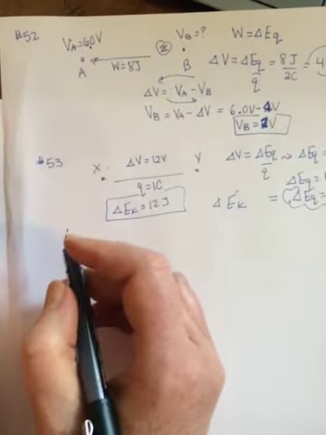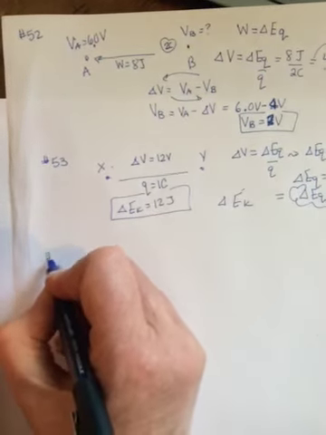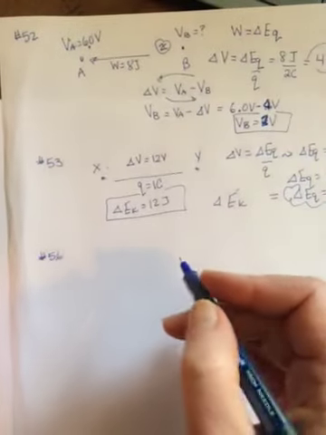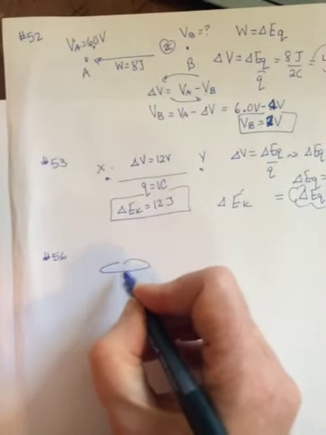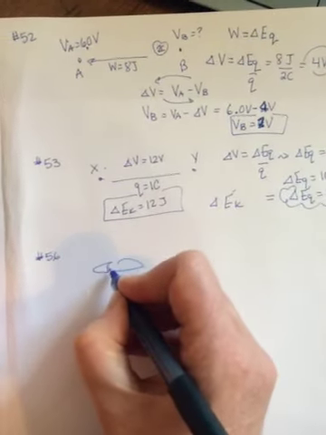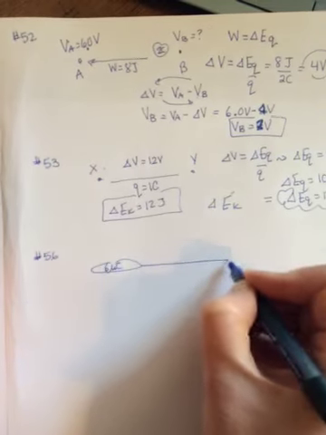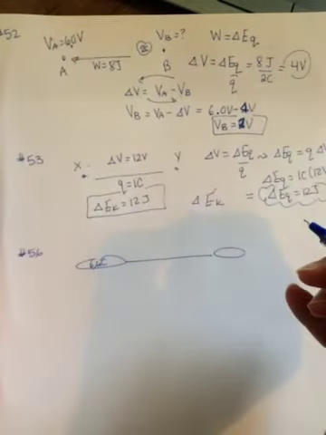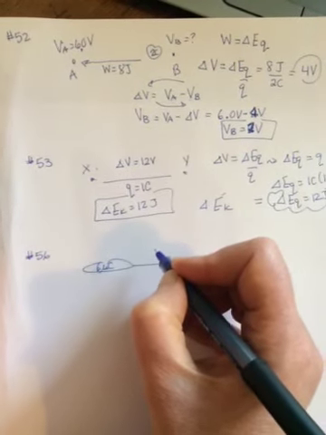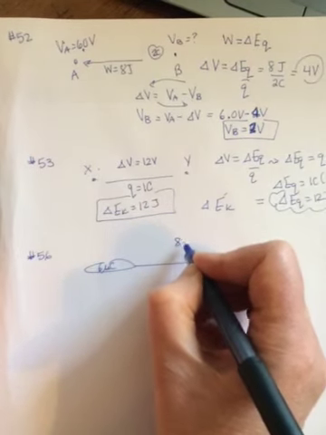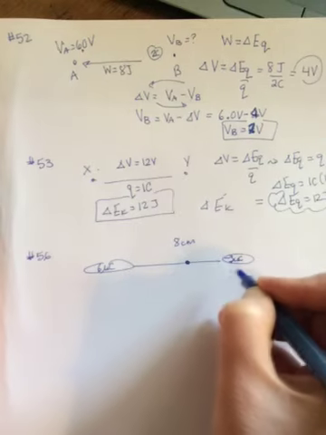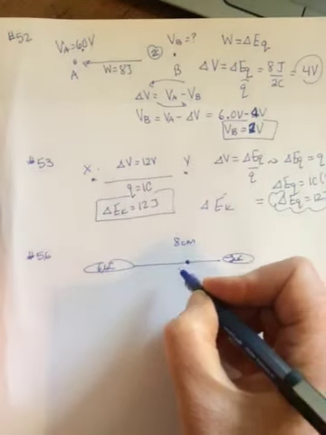And the last one is number 56, and we won't run out of time before we get this one done, I have a feeling. 56 is 2 point charges. One which is 6 microcoulombs, and the other one, which is -3 microcoulombs, are placed 8 centimeters apart. And it wants you to find the 2 points where the total potential difference will be 0.